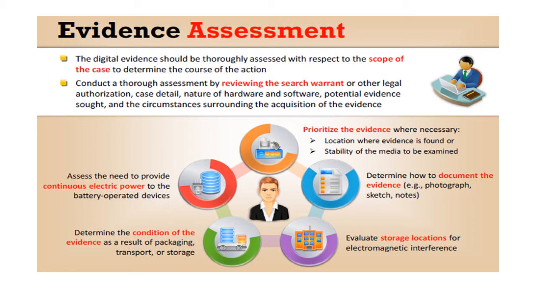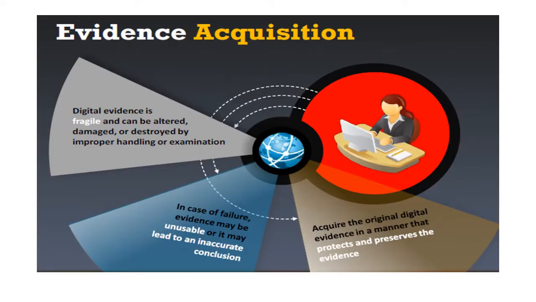When we feel that we've managed to perform evidence assessment to our satisfaction, we move on to the next process, which is evidence acquisition. Digital evidence is fragile and can be altered, damaged, or destroyed by improper handling or examination.